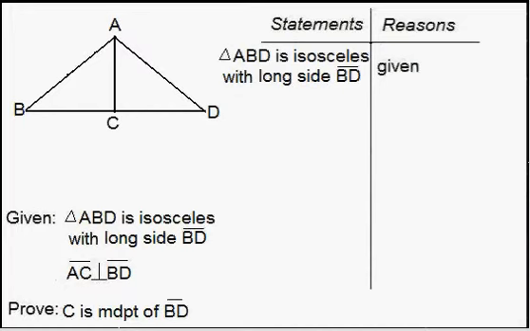Okay, and with that we can say that line segment AD is congruent to line segment AB because of the definition of an isosceles triangle.